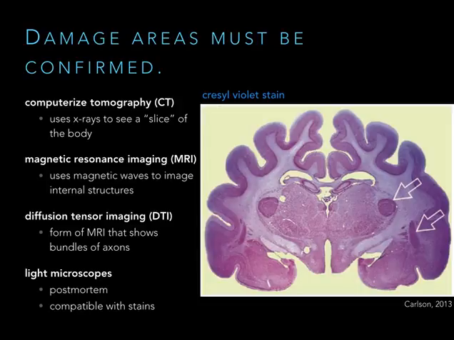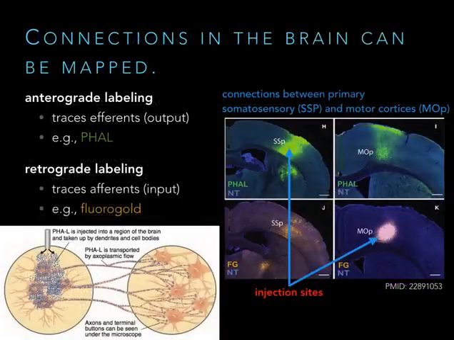From there, it's helpful to then map out what other areas of the brain your identified region is connected to. And we can do that with tracing. We can trace in both directions. We can trace the efferents, the outputs, or we can trace the afferents, the inputs to your brain region of interest. We'll use different chemicals to accomplish this.